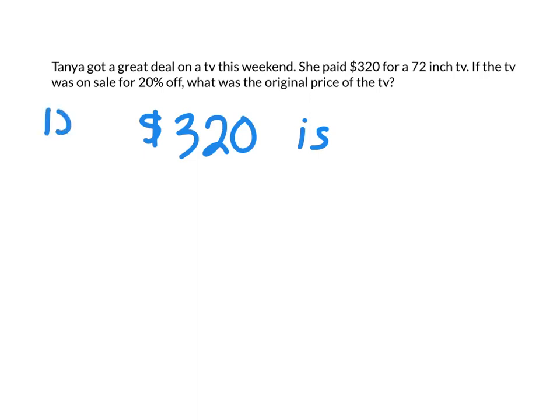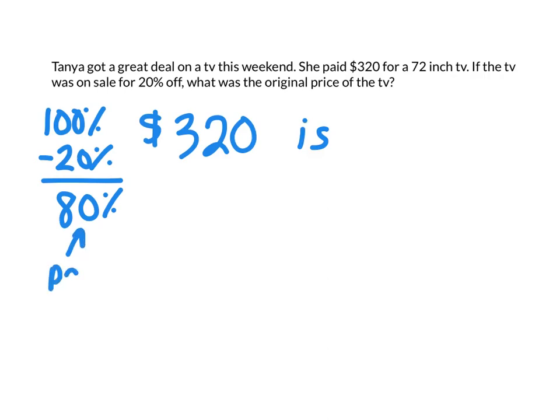In fact, the whole TV would be 100%. They're taking 20% off, which means she's actually paying 80%. So when she paid $320, she was paying for 80% of the TV. From there, we need to figure out the original price, so that would be the 100%.